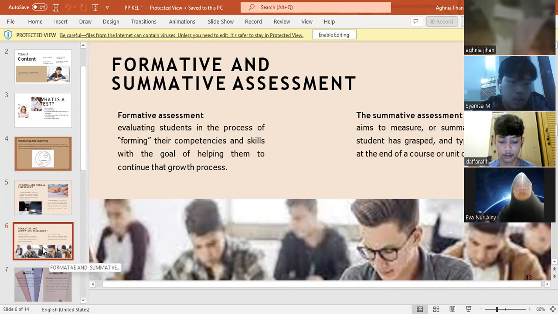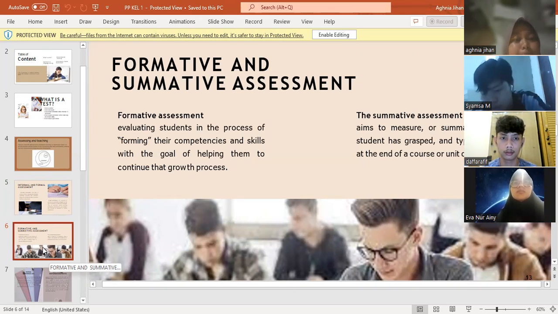A summation of what a student has learned, looking back and taking stock of how well the student has accomplished. One of the problems with the prevailing attitude towards testing is the view that all tests are summative.